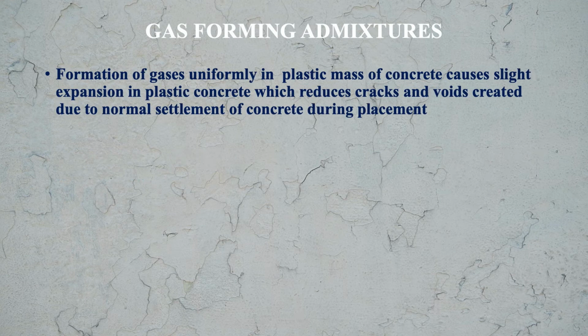Formation of these gases uniformly in the plastic mass of concrete causes slight expansion in plastic concrete, which reduces the cracks and voids created due to normal settlement of concrete during placement. So this is the advantage.